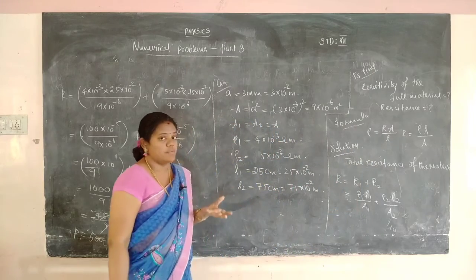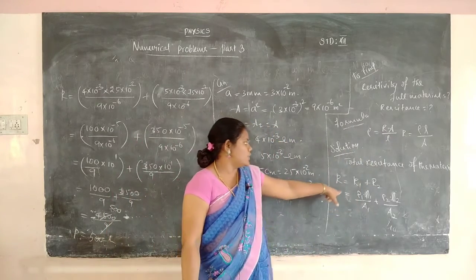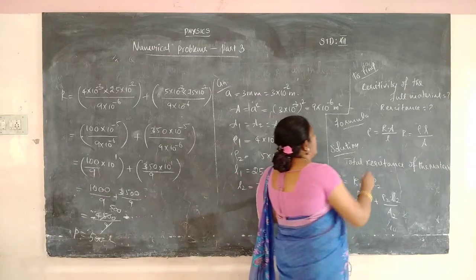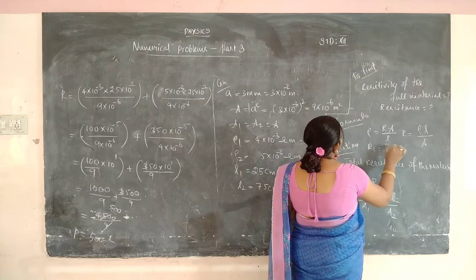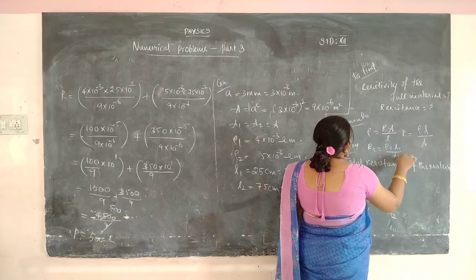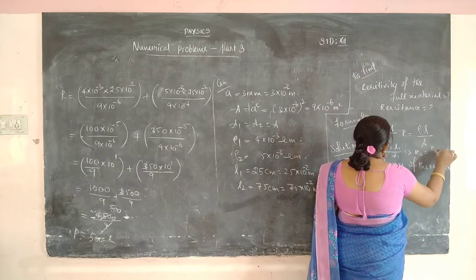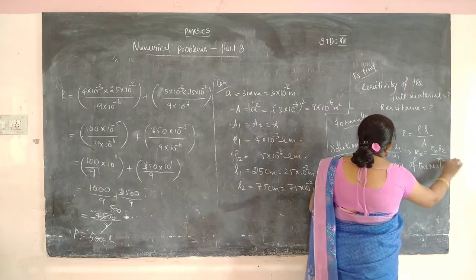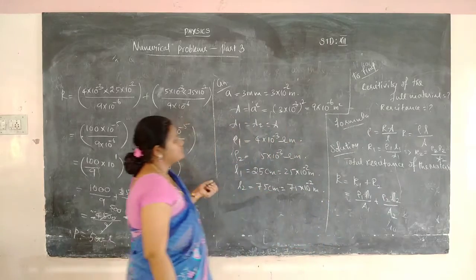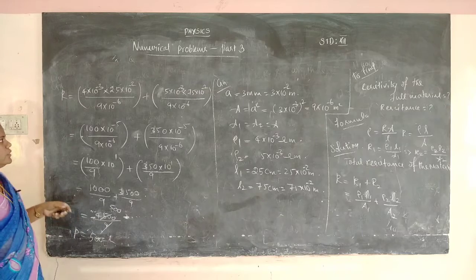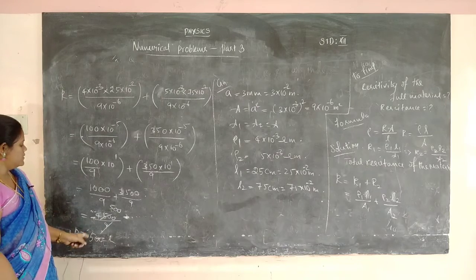We want the total resistance of the two materials, so R is equal to R1 plus R2, where R1 is rho 1 L1 by A1 and R2 is rho 2 L2 by A2. Substitute all the values.